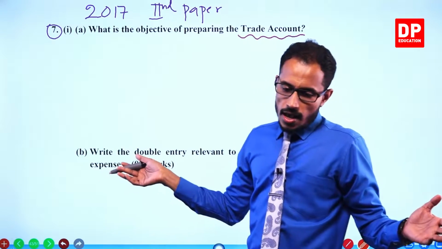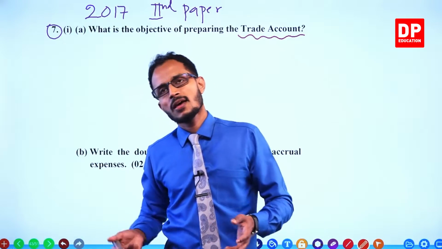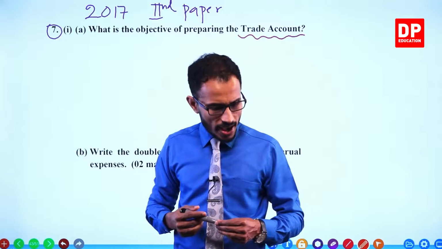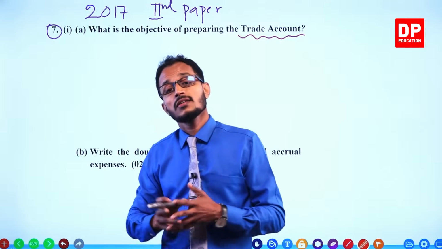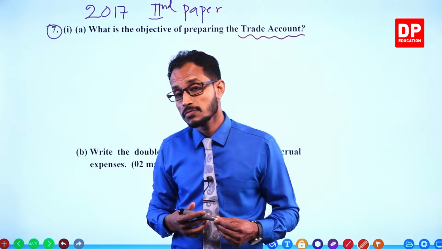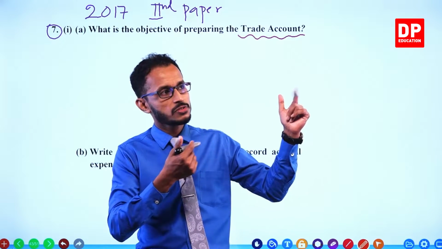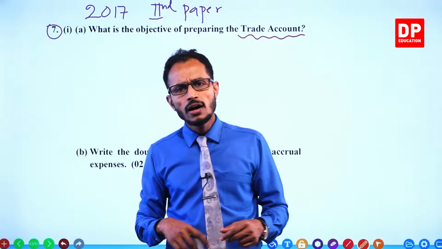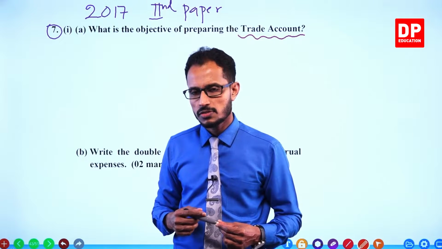Well, you may know, I really surely know, trade account is the account which is prepared for debtors, the trade debtors, the customers, and creditors, the suppliers from whom we buy the goods. Isn't it? Trade debtors and creditors.